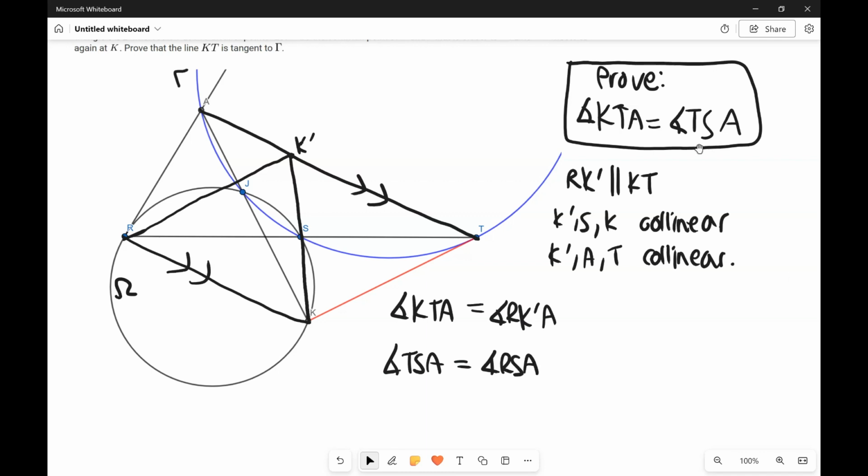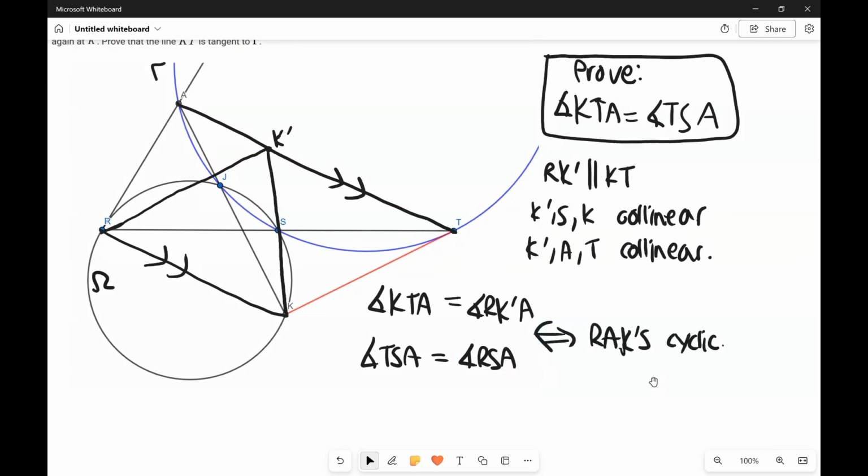So this problem is equivalent to proving that these two are equal, and this is equal to proving that RAK prime S is cyclic, because we want these two to be equal.